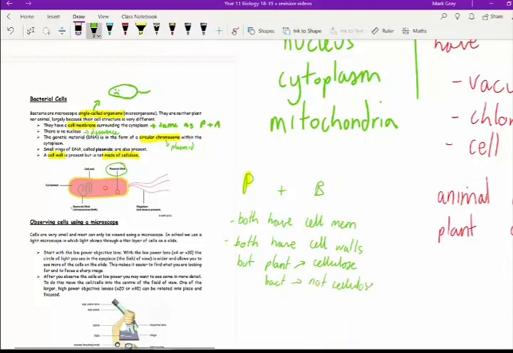Now at GCSE you don't need to know what it is, you just need to know that it's not made of cellulose.